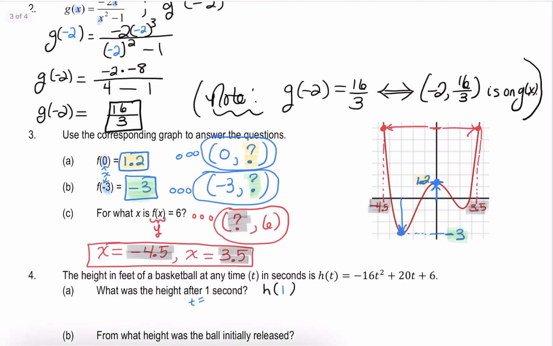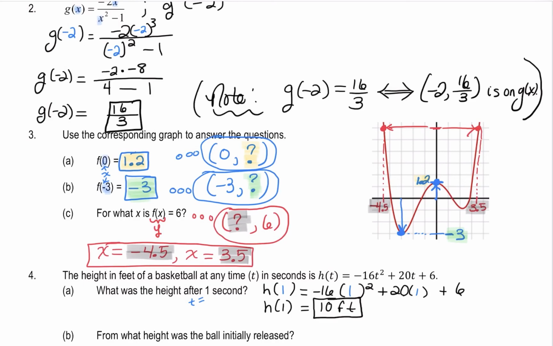So that means we want to go into the h function, and every place where there had been a t, we want to replace that with 1. All right, so that one is nice to work with. Negative 16 plus 20, that'd be 4, plus 6 would be 10. So what we end up with here is just h of 1 equals 10. So 10 feet, that is the height after 1 second.